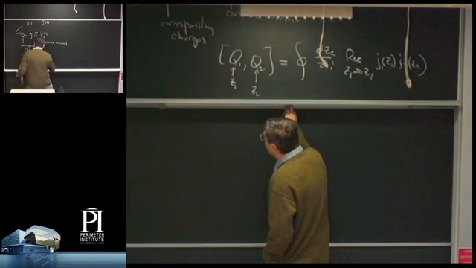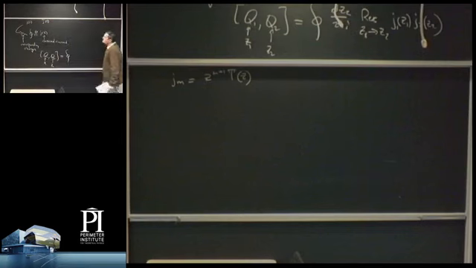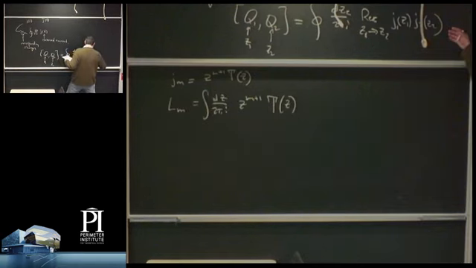In particular, if I have 2 charges, Q1 and Q2, the commutator is given by a contour integral of dz2 over 2 pi i, and then we have a residue when z1 goes to z2, J1(z1) J2(z2). We will make use of this later today.